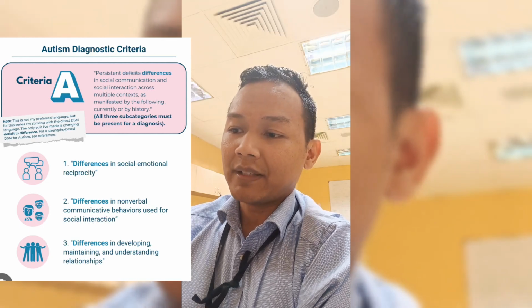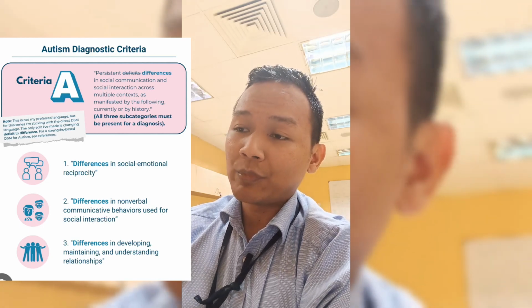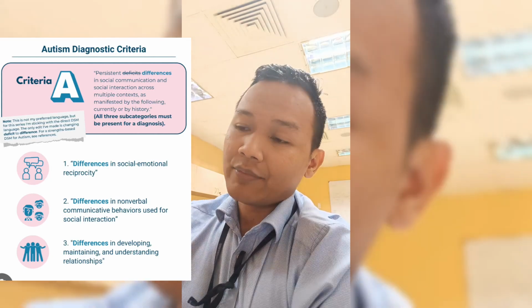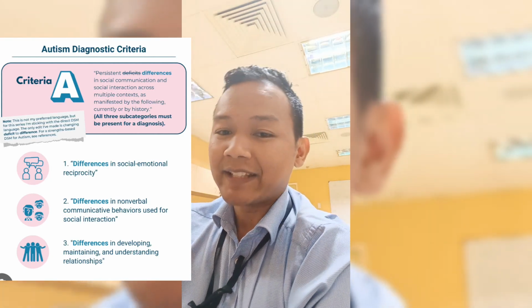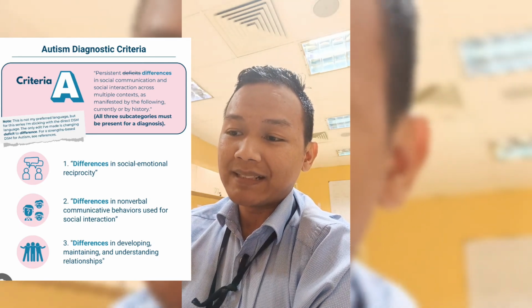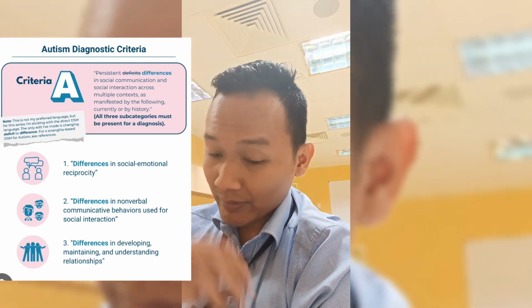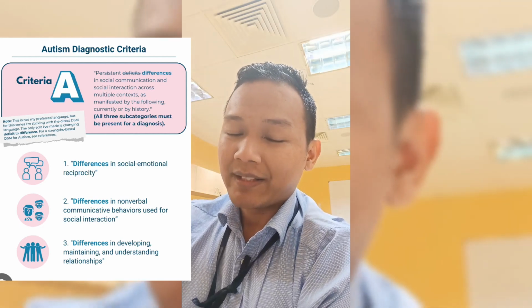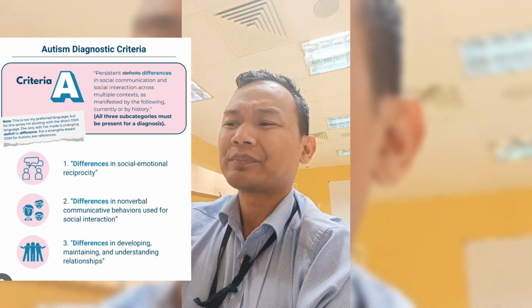And then the third part of social communication interaction is basically difficulties in developing, maintaining and understanding relationships. In simple words, they have problems making friends or maintaining their friendships.